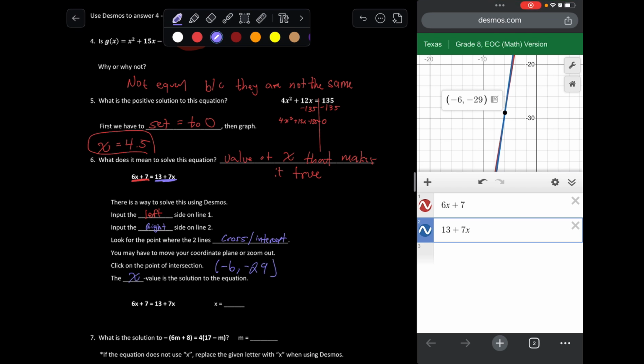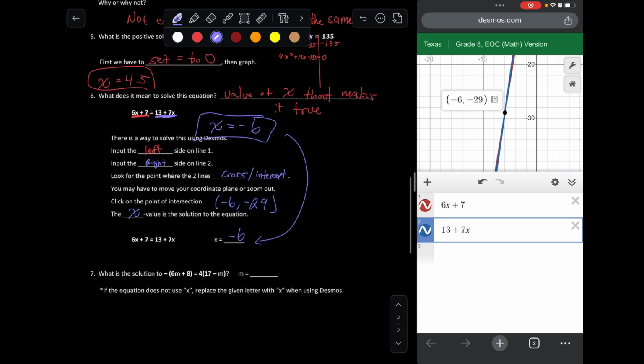Now we're looking for the x value of the solution. So I'm not going to use -29 because the x value is -6. So my solution for this problem is x is equal to -6. Because that's when they cross.